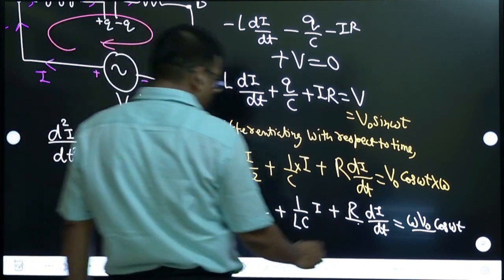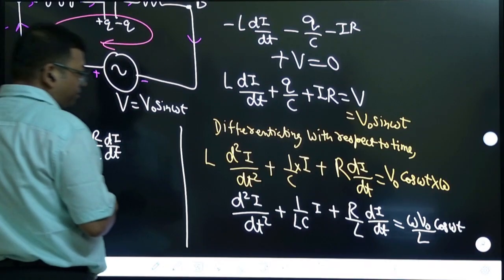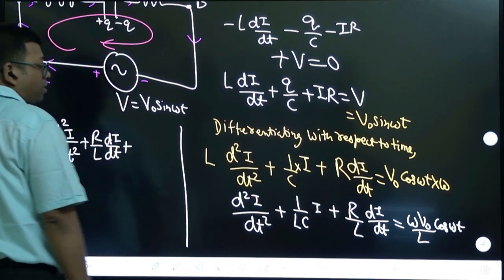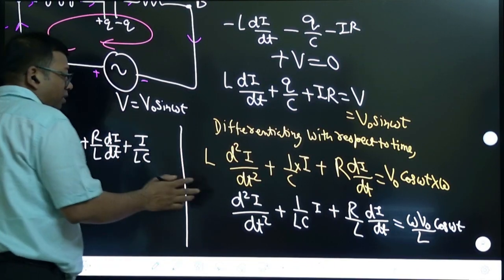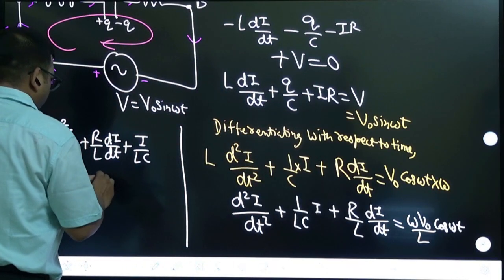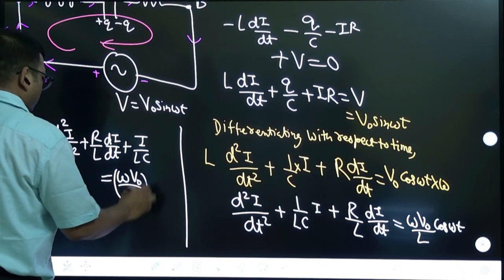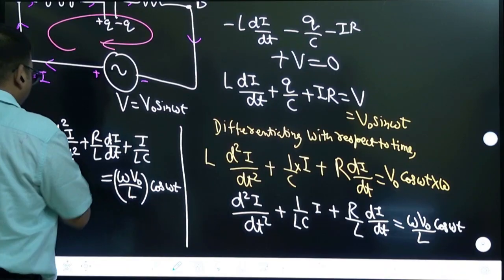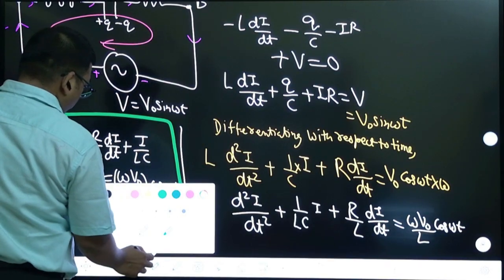So this term is R by L di by dt plus I by LC. I just rearranged this: first term, second term and then third term. This is equal to omega V naught by L cos omega t. So this equation which we have got is called a second order differential equation.